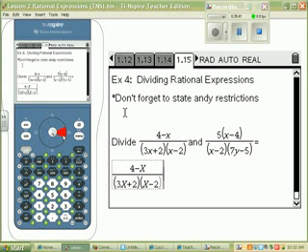Okay, if this is division, here's our keep part. We just did our keep. Change means you're going to change division to multiplication. And flip means you're going to flip that second fraction.